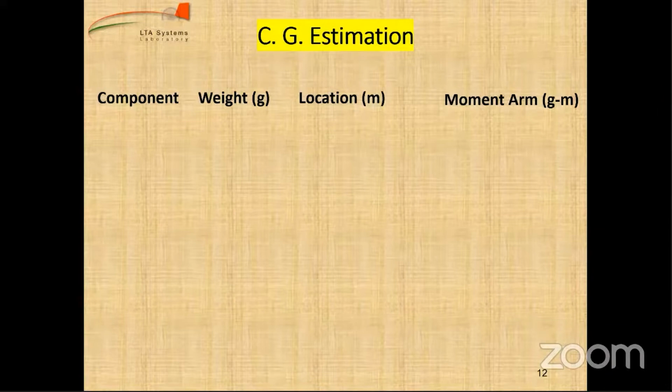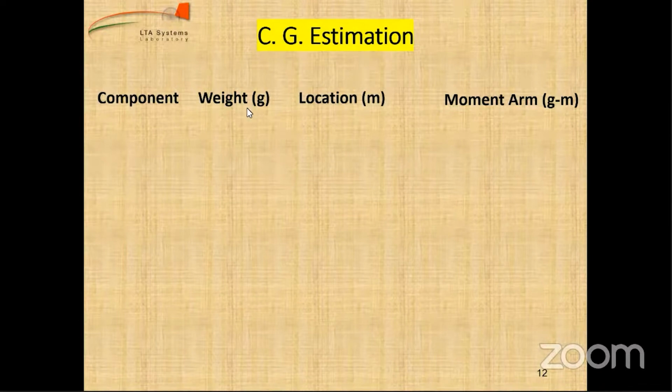How did we calculate CG for a system of discrete masses? Two masses placed, let's say, a distance apart. How did you calculate the CG? So I'll tell you.